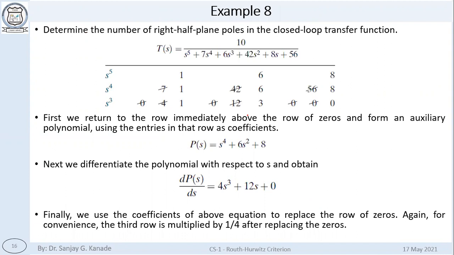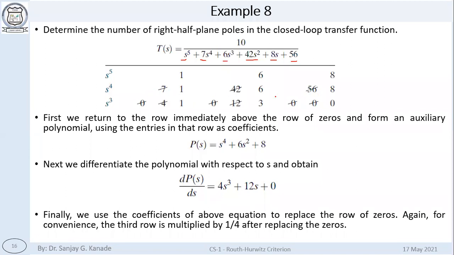Just for example, how this situation may arise, I have taken this s raised to 5, 7. So what are the coefficients? 1, 7, 6, 42, 8, 56. Now here you can see what I have done.